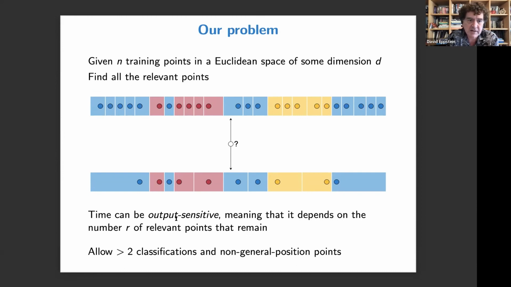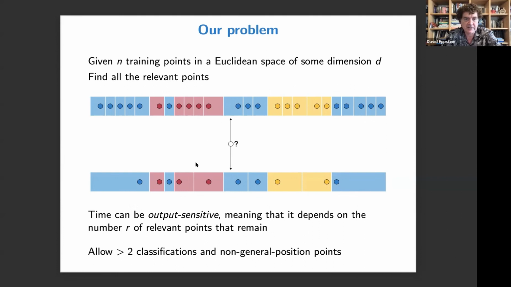The time bounds that I'm looking for are output sensitive time bounds. What I mean by that is that they're going to depend on the number of relevant points that remain. So if I have a large number of training points, but only a small number of relevant points, I want the algorithm to be faster.